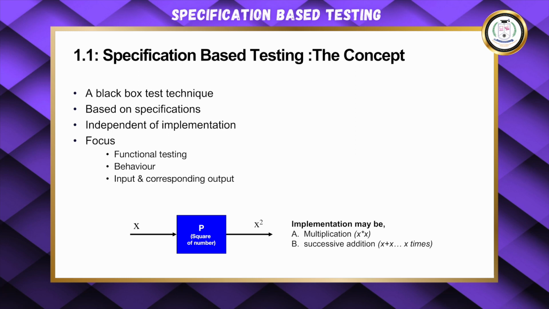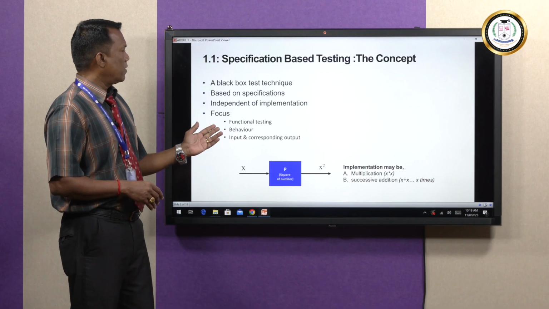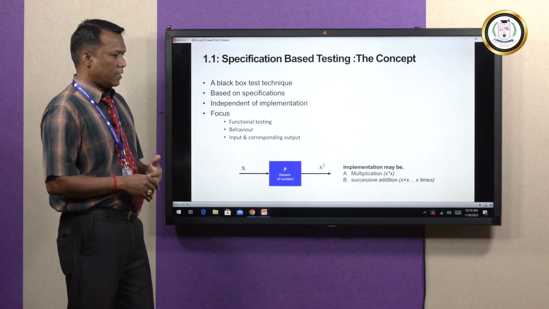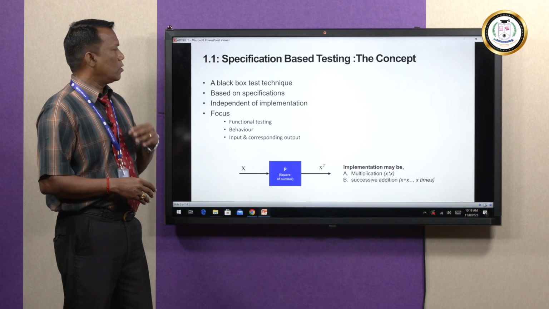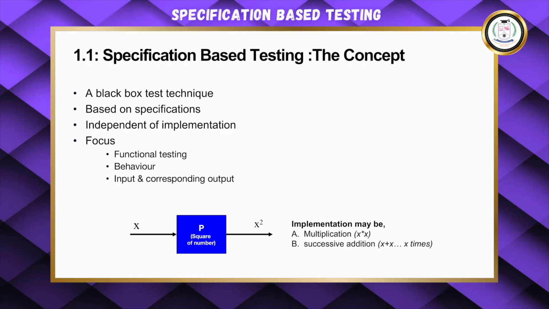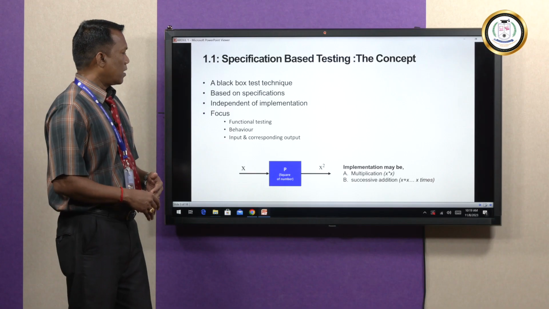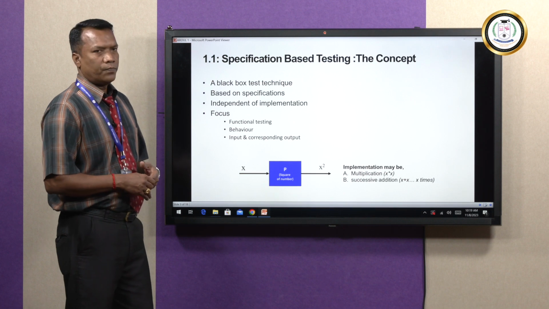This equivalence class testing is black box testing, based on the specifications, independent of implementation. It never worries about whatever language you are going to use. It deals only with the test cases, how the functionality is going to work, and it focuses on functional testing, behavior, inputs and corresponding outputs.